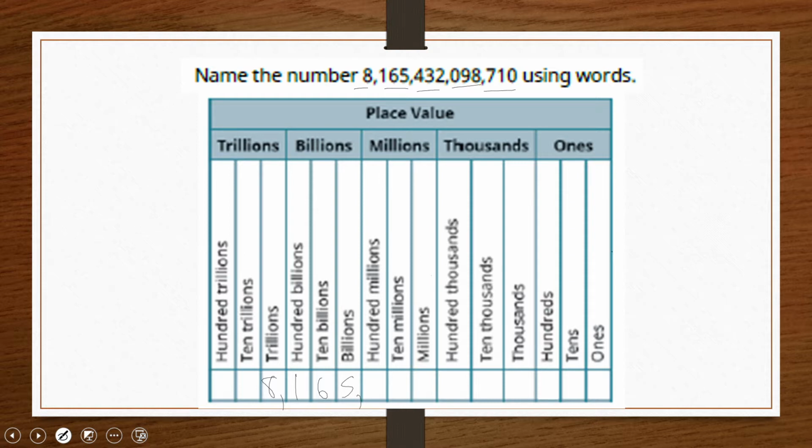Now, 165 would be how we would say that if it was in the ones place, but it's in the period of the billions, and so we would have to say 165 billion. And then the next few values here, we have 432 followed by the period millions, 098 or 98 thousand, and then lastly 710. Notice we don't say 710 ones, we just leave it as is.